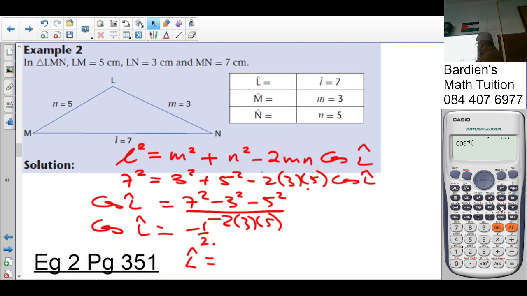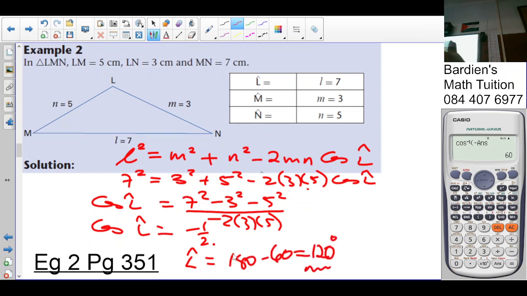I drop the negative. It gives me 60 degrees. So inverse cos of a half is 60 degrees. But since it's negative, what do I say? 180 minus 60, which is 120. You see that is obtuse. Now you can just write 120.